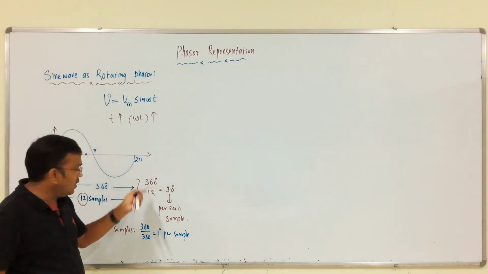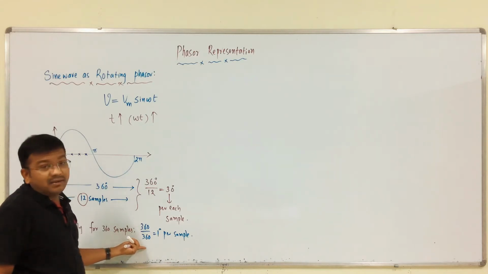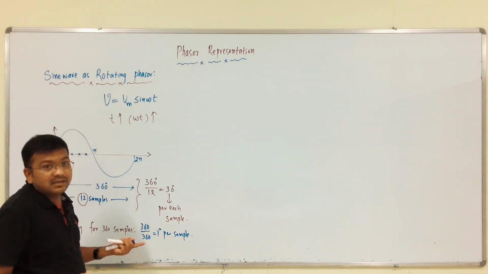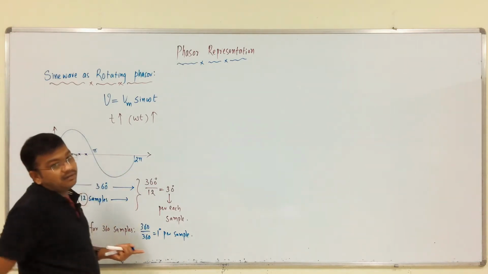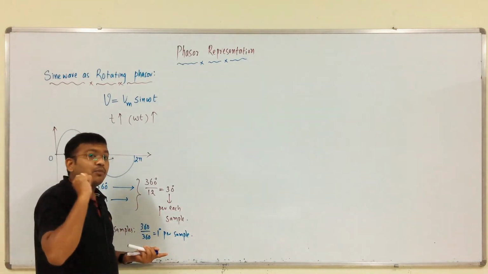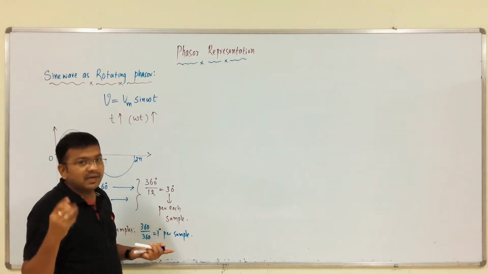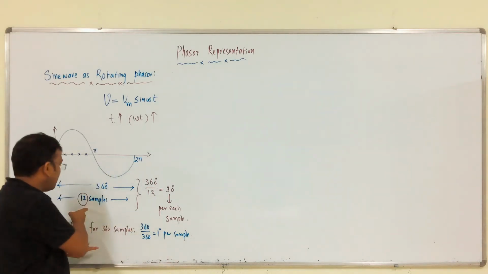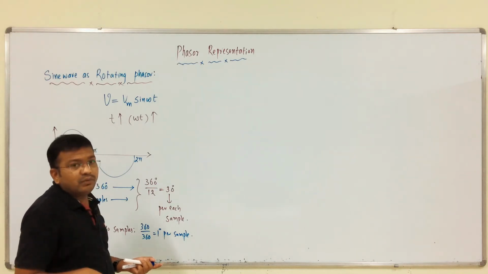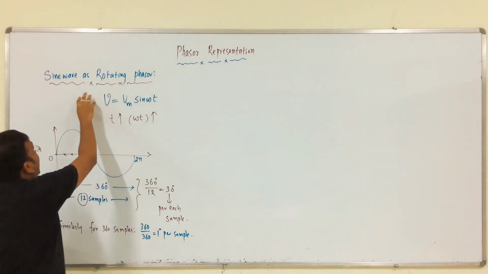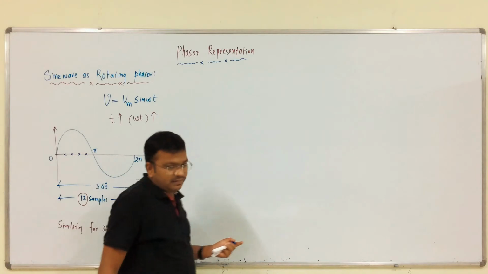But to get that many samples, we have to incorporate 360 samples in one plane, which is very difficult. That is why I am considering only 12 samples. What we have to do is analyze the rotating phasor.